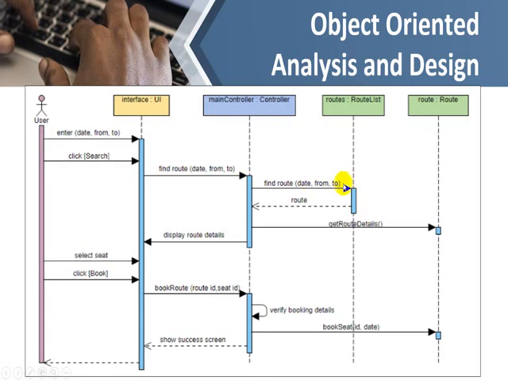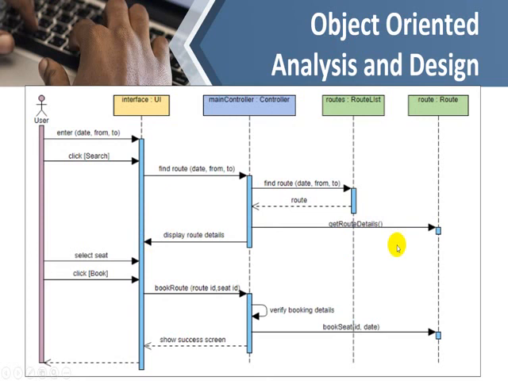So from the route list, it gets the route for that particular date, and from that place to the destination. And then it gets the route details as well. It sends it to the controller, and the controller sends it to the route detail, right? So from here, get the route details, and meanwhile, it shows the route details to this one, right?